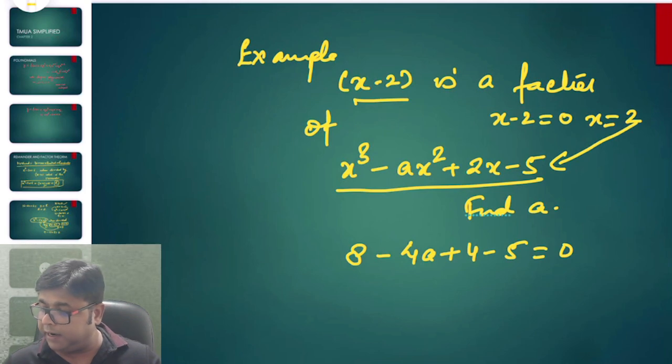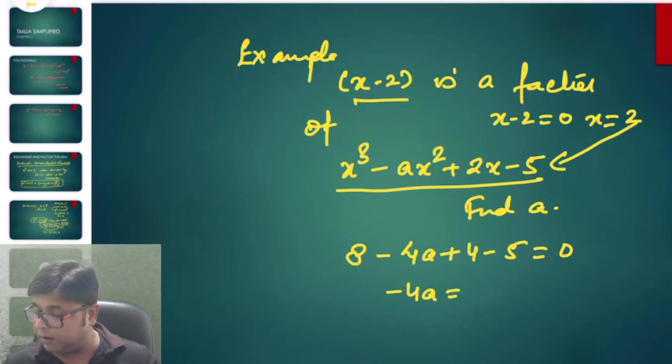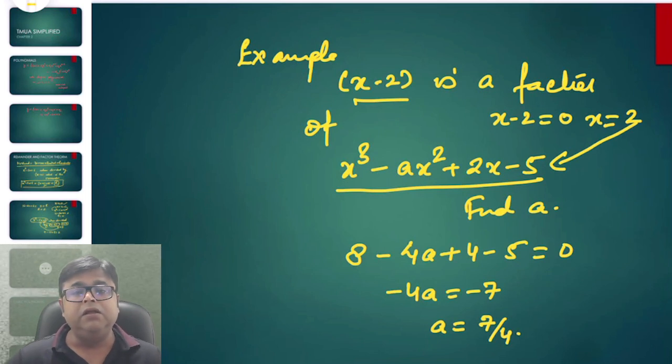So 2 cube is 8, 2 square is 4, 2 into 2 is 4, minus 5 equal to 0. So I get 4 minus 4a is equal to 12 minus 5, which is 7. So a becomes 7 by 4.